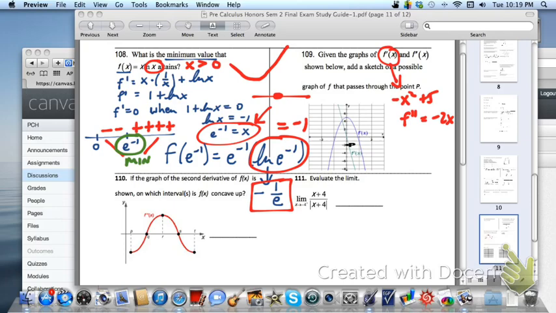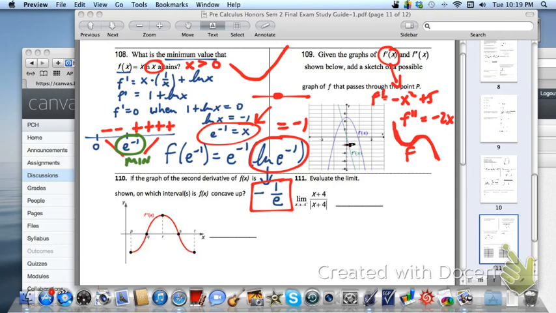Okay, so f prime is here, and then f of x is a third degree polynomial, but also it's in the negative direction. So f of x should look something like this, where the ends of the graph go down from left to right. So that's what f is going to look like, and we have to go right through point P.